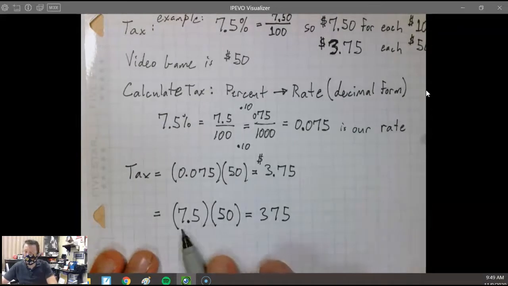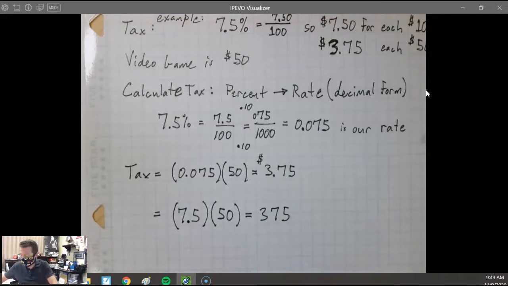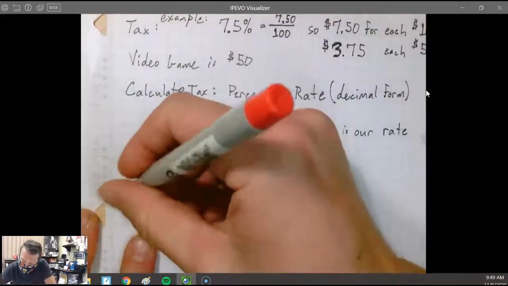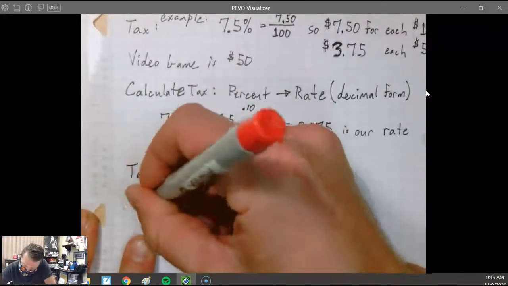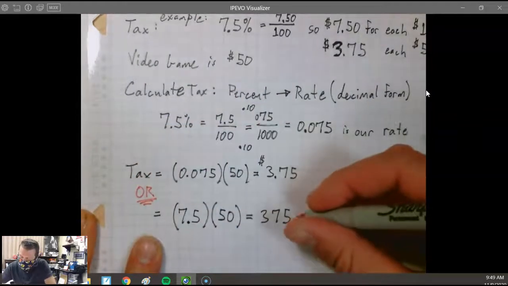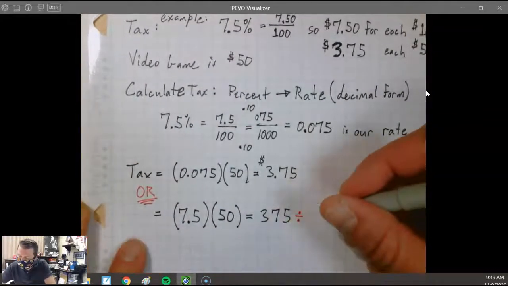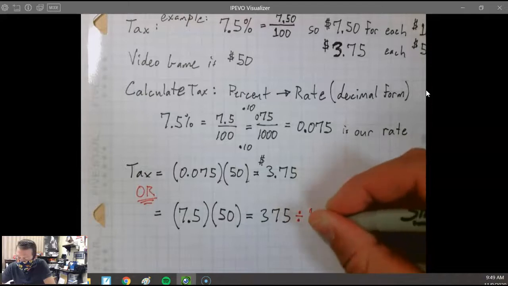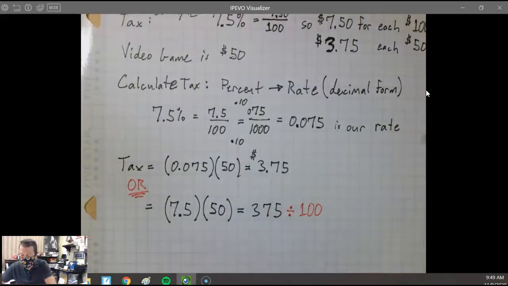So if we just use the percent here, we would have to divide by 100 at the end.